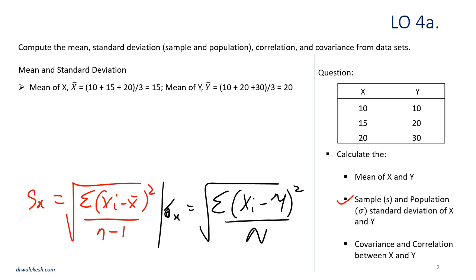So the major difference between what we have here and here is this. This has n minus 1, but this is just n.